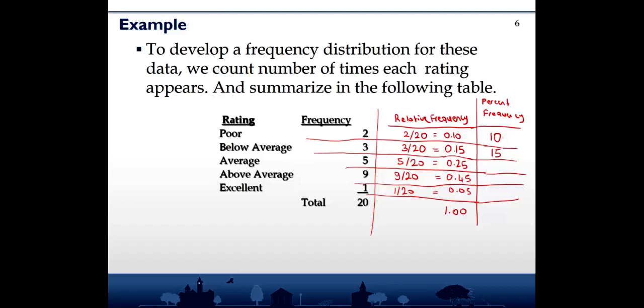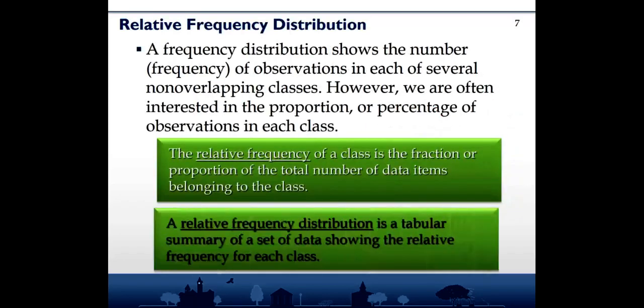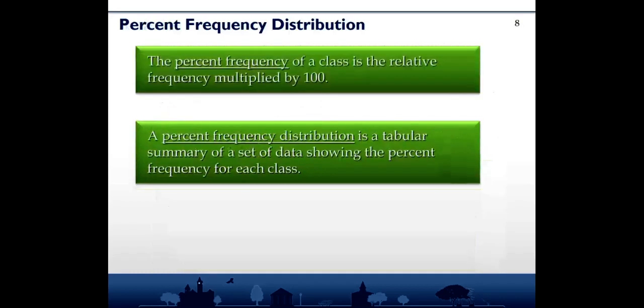So 10% poor rating, 15% below average, 25% average, 45% above average, and 5% excellent. So total is 100%. So relative frequency shows the relative frequency for each class, and the percent frequency shows the percent frequency for each class, which is relative frequency times 100.